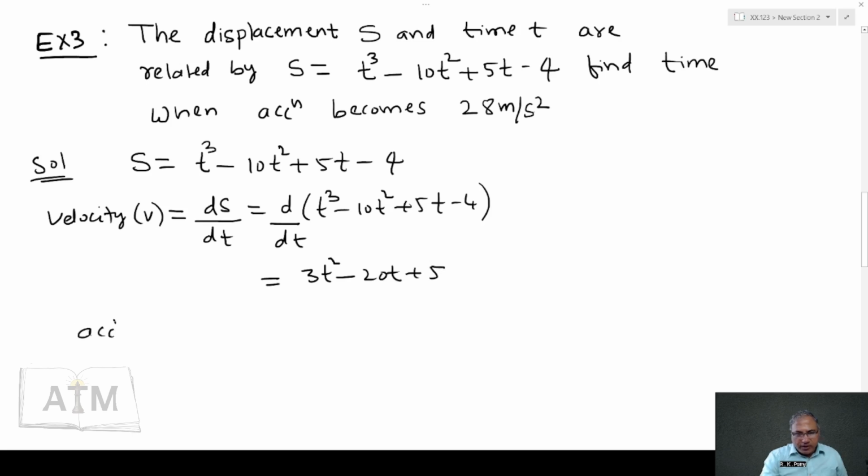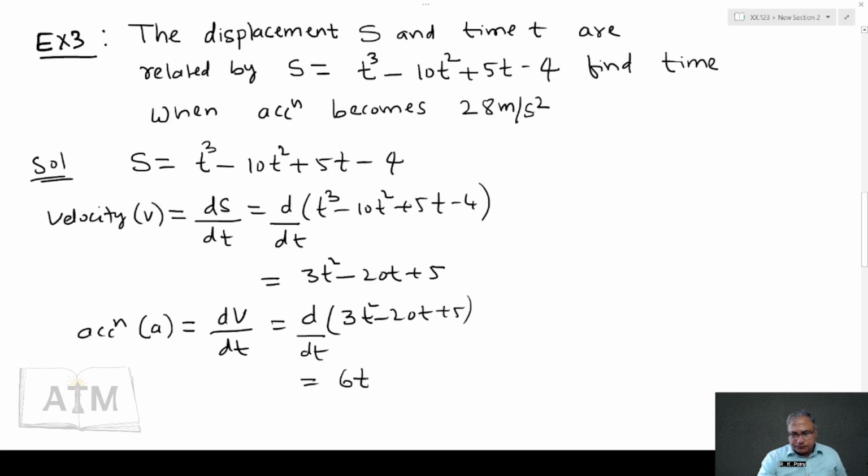Now acceleration a is the rate of change of velocity, dv by dt, which equals the differentiation of 3t square minus 20t plus 5 with respect to t, which equals 6t minus 20. So the acceleration is 6t minus 20, call it equation number 1.